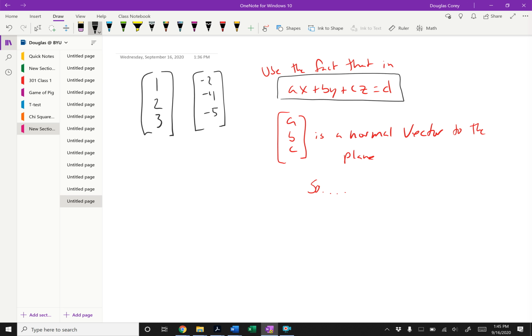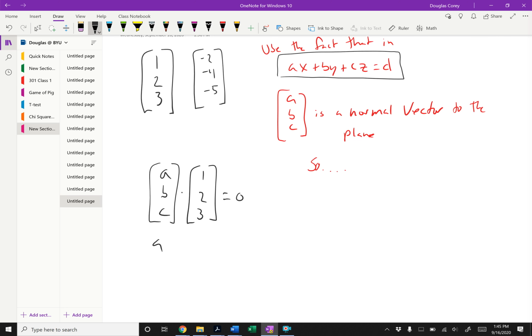But for a, b, and c, I know that (a, b, c) dot (1, 2, 3) has to equal 0. And I also know that (a, b, c) dot (-2, -4, -5) has to equal 0.